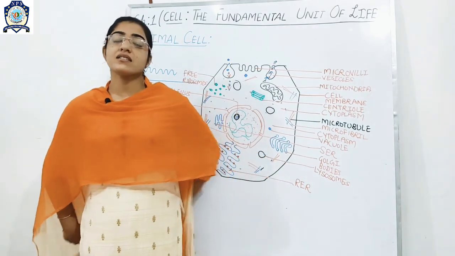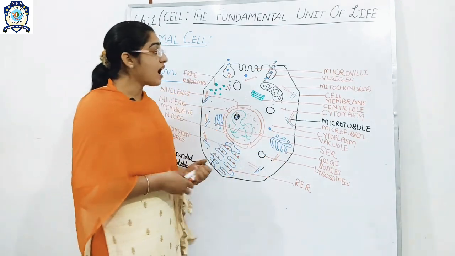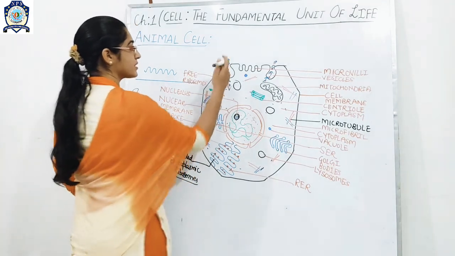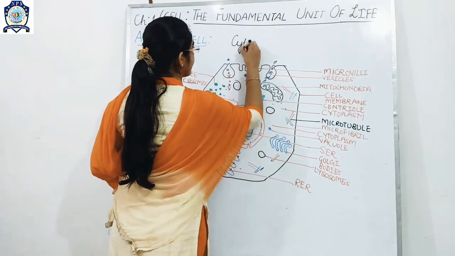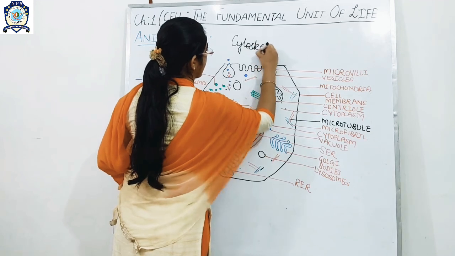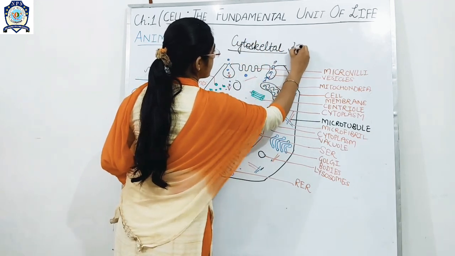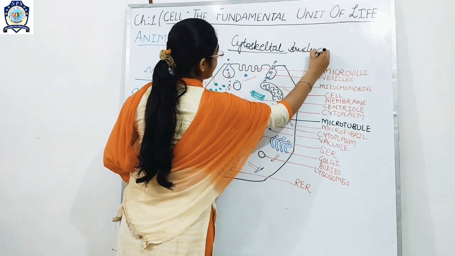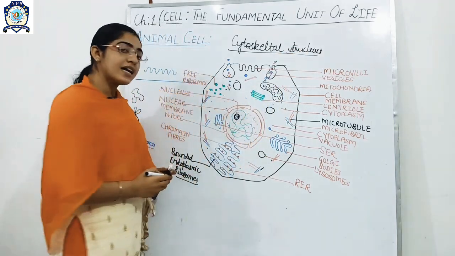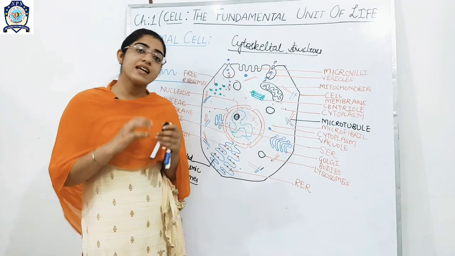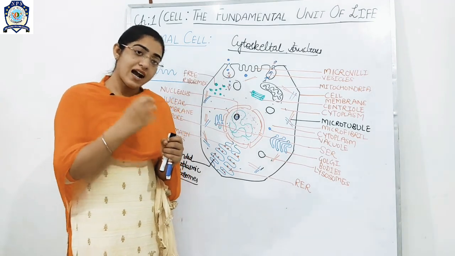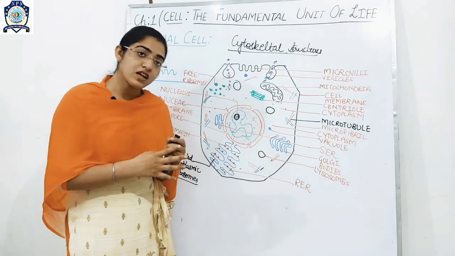Students, here I just want to say that I am using the term cytoskeletal structure. Cyto means cell, skeletal means which supports the outer boundary.